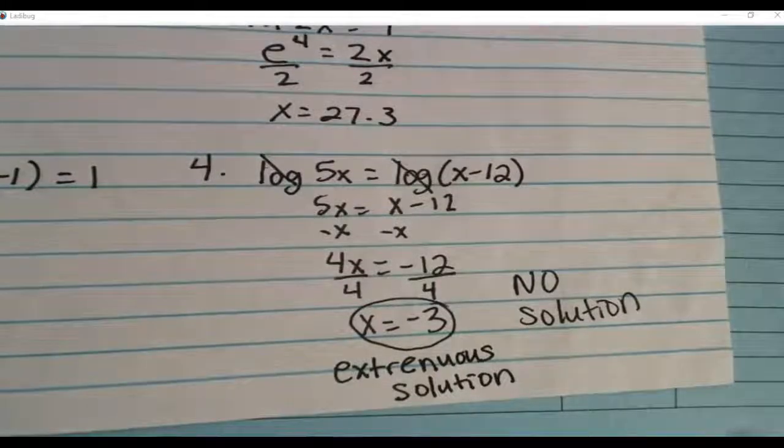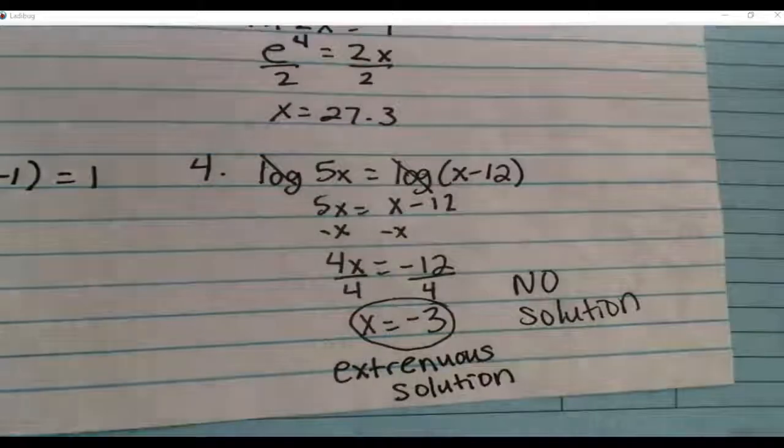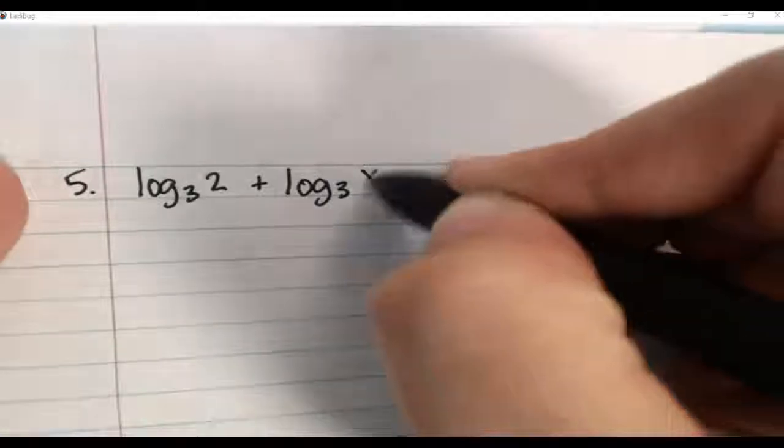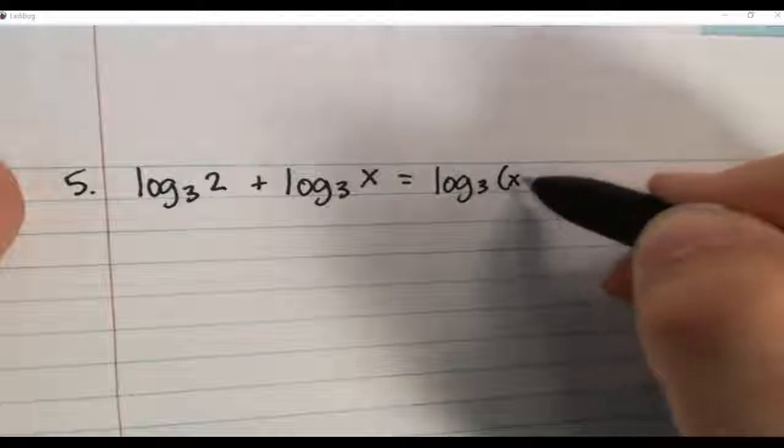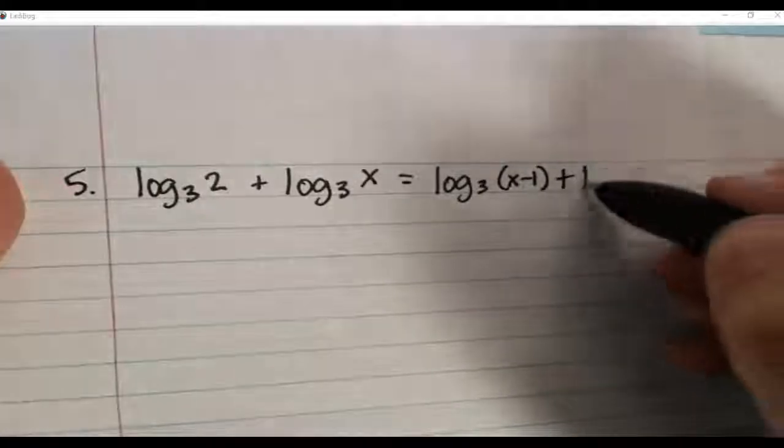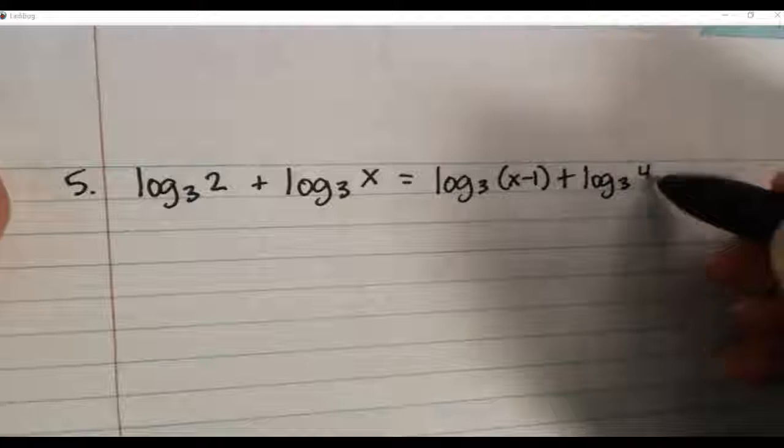Alright, let's do one more. Let's say we have log base 3 of 2 plus log base 3 of x equals log base 3 of x minus 1 plus log base 3 of 4.